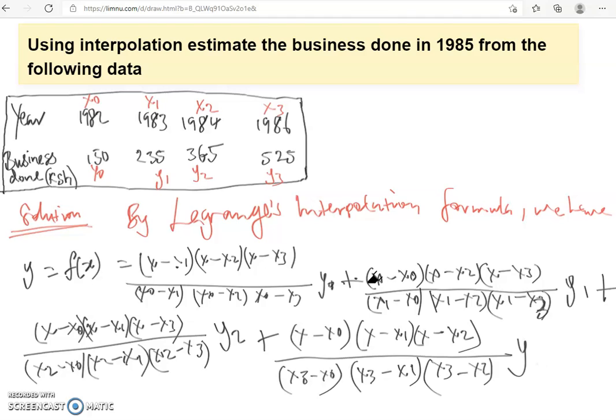Multiply this by y3. But we've got only 4 terms, so we have 1, 2, 3, 4. So our formula will have only 4 terms. So now let us plug in the values. We substitute these values in this formula and find the estimate of the business done in 1985.